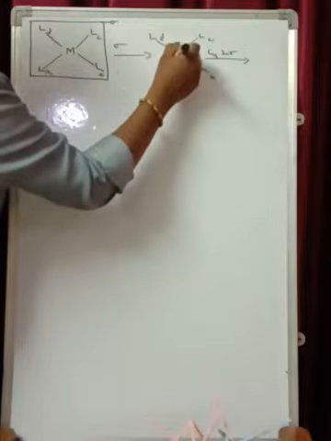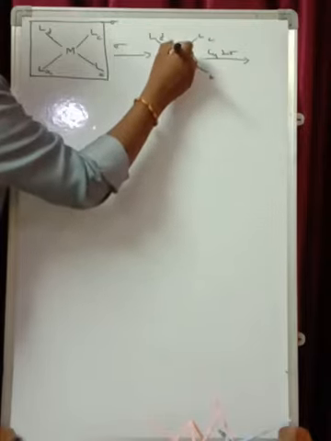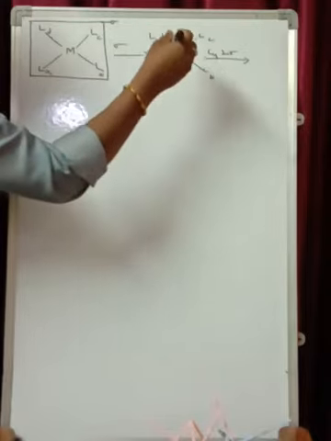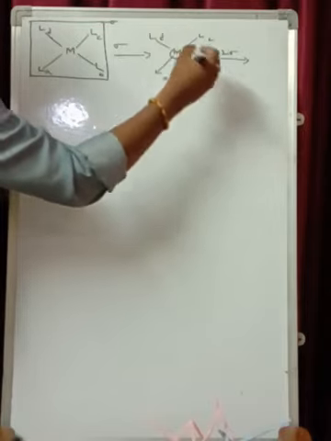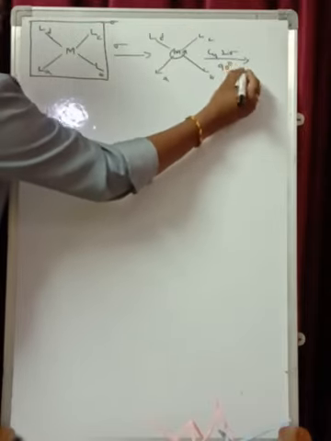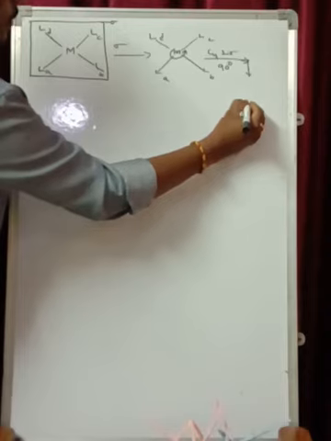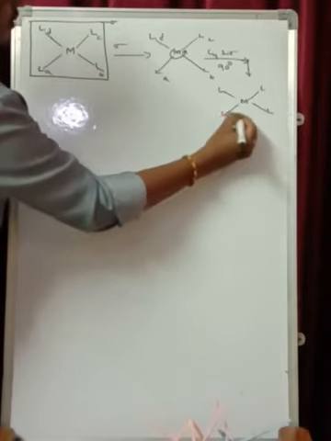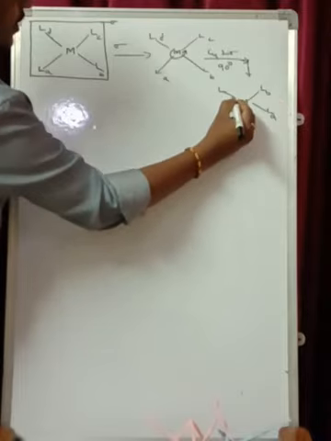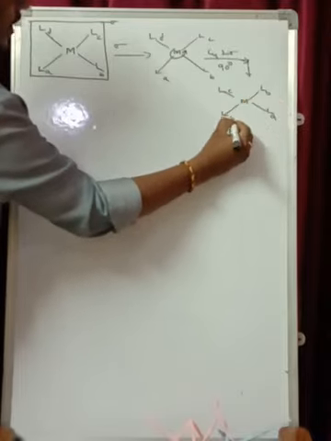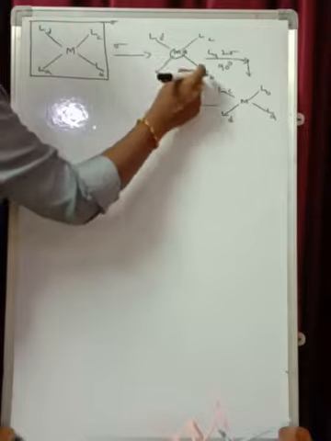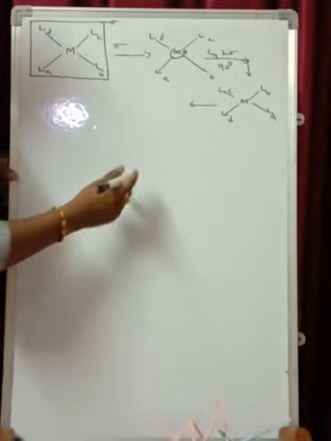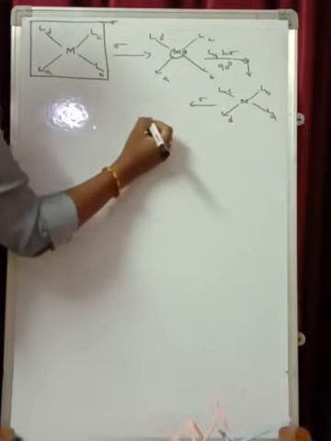The C4 rotational axis passes through the center of the metal atom, and you are rotating along this axis for every 90 degrees. If you see LA, LB, LC, LD, the positions of these atoms have changed when you rotate by 90 degrees.